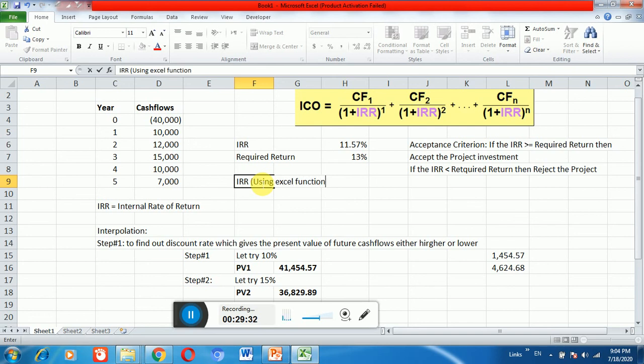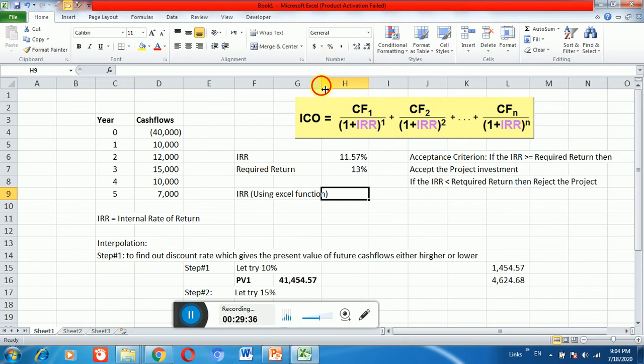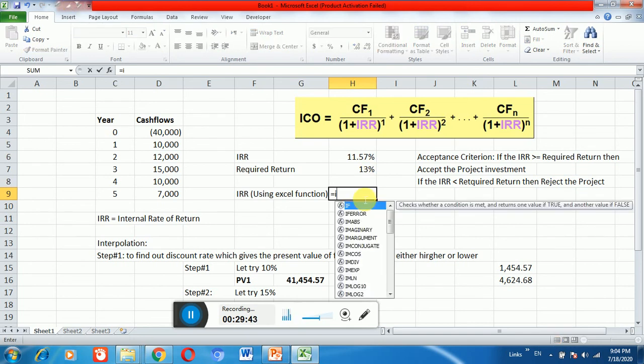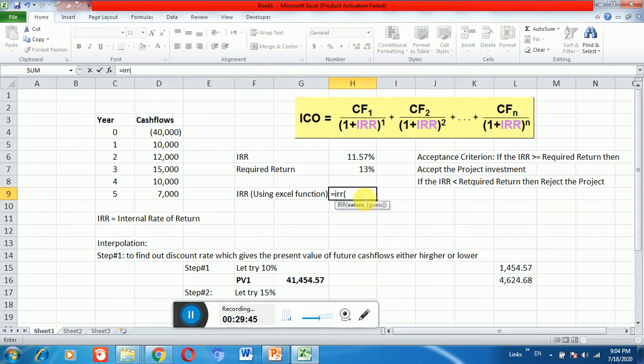We have a function in Excel for this computation to find the same result. So equal sign and just write IRR. IRR means internal rate of return, and then put in the values. You have to put all these values, including the cash outflow, and then press enter. Now how much is coming?